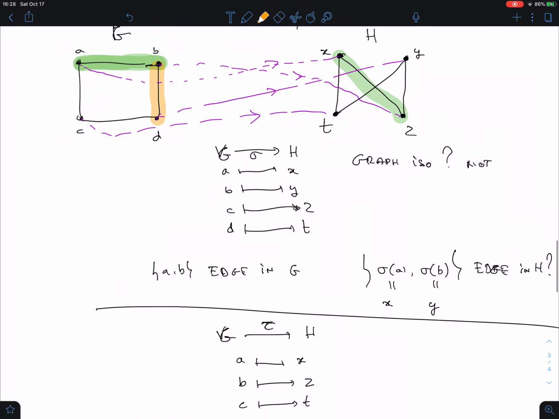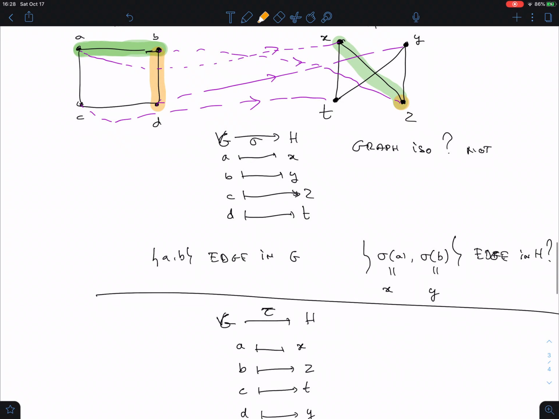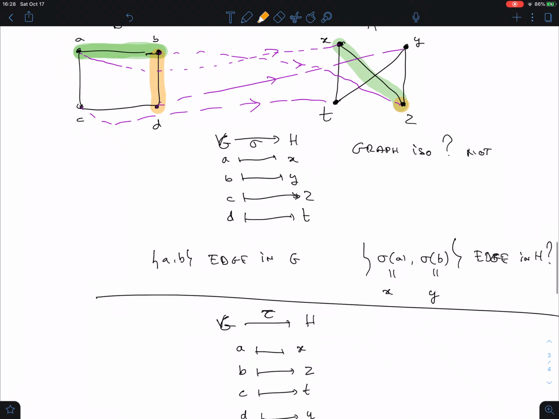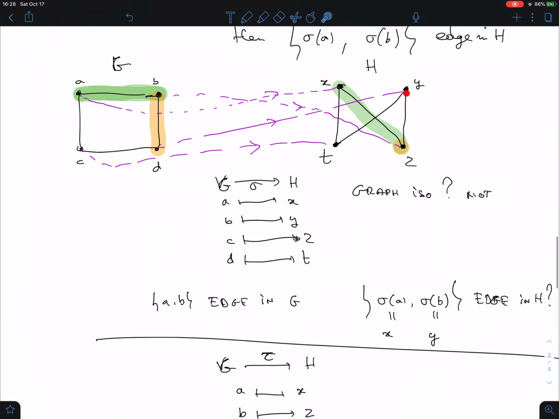B is sent to Z, so I start there, and then D goes to Y. So my new edge should be this, and that's indeed the edge that is already there. So this edge corresponds to another edge that's there.